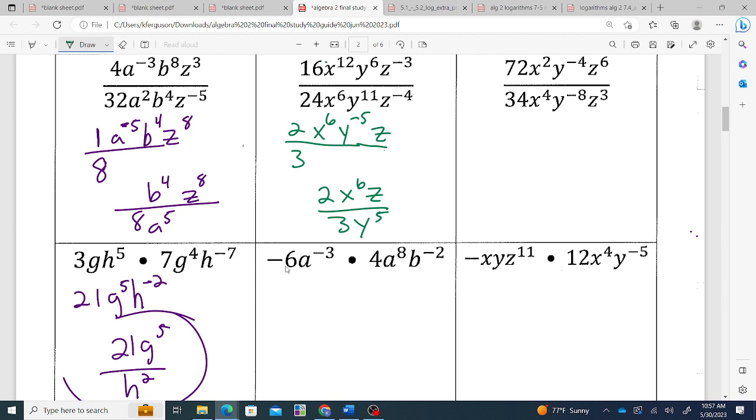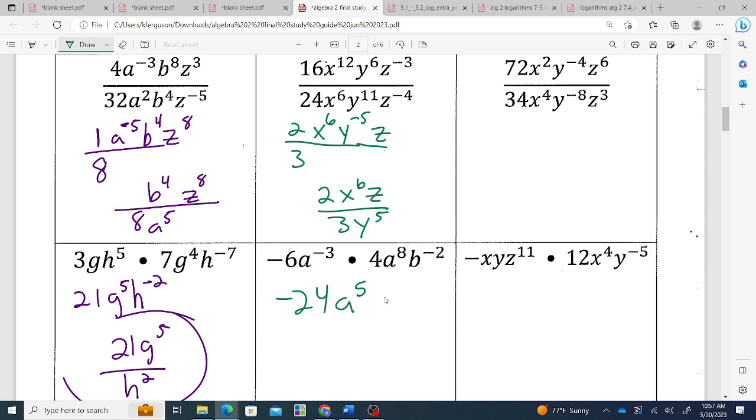For this one, I'm going to take negative 6 times 4. That's negative 24. I got a to the negative 3 times a to the 8th. That's negative 3 plus 8. What's negative 3 plus 8? That's 5.